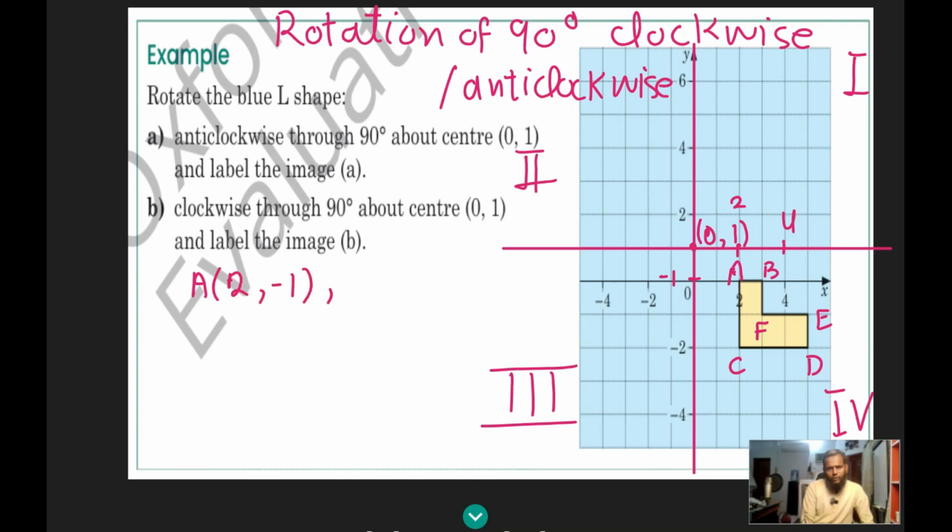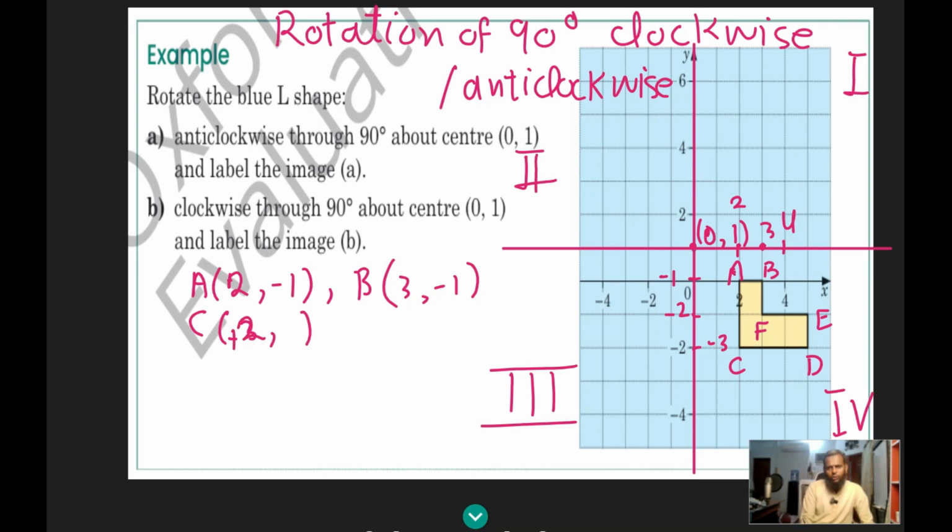Okay, what are the coordinates of B? You should see B here is 3 and here is -1, 3 and -1. C coordinates are 2 and here is -1, here is -2 and here is -3. Okay, so -3.